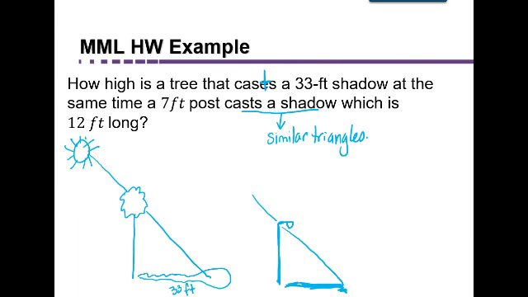All right, so we have our tree casting a 33-foot shadow, and our lamppost, I think it was, casts a 7-foot shadow at the same time. Now, the tree is roughly at a right angle to the ground, as is the post.